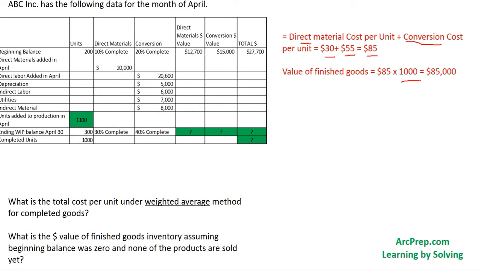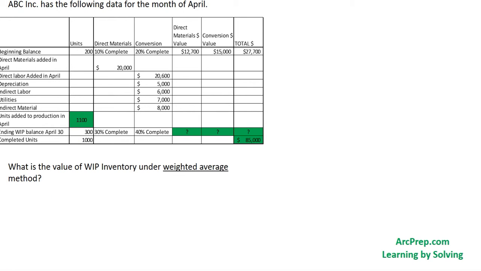And we have 1,000 units that we completed 100% right here. So the value that we are shipping to finished goods and eventually selling is $85,000.